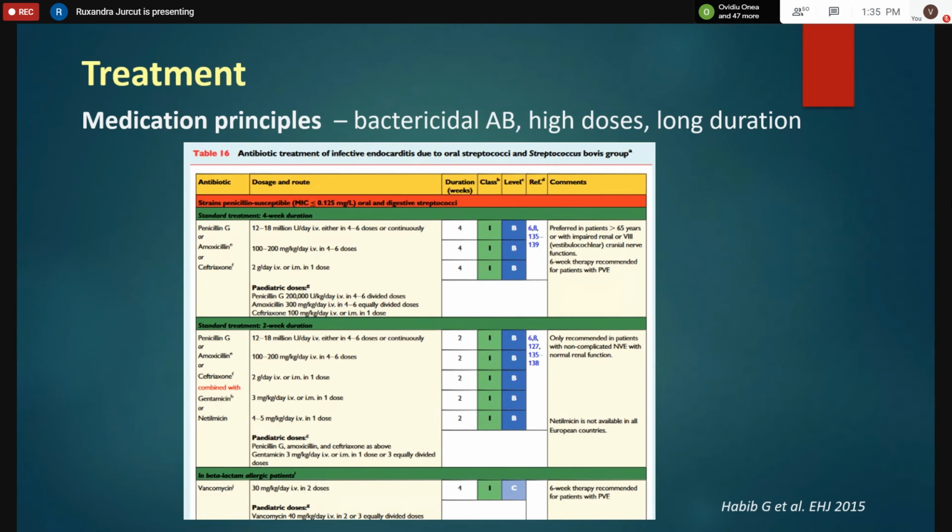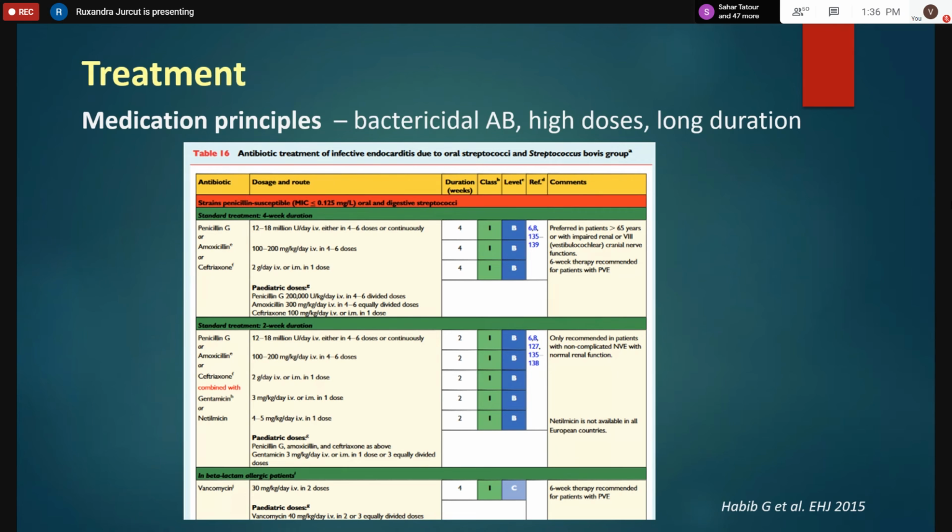For the medication, you will have to sort of be a geek for the exam and just learn it by heart. We all did it for exams. Of course, we are luckier in clinical practice because we can just check it on a smartphone or in the guidelines and go back to it, because the regimens of antibiotics in endocarditis are quite complex.